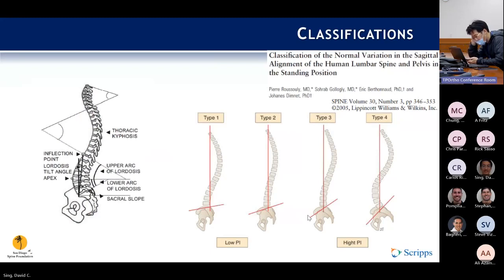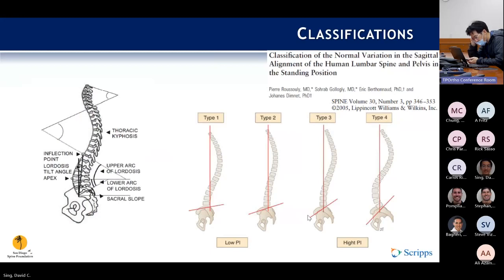So he looked at 160 volunteers with no history of scoliosis or back pain and obtained full-length standing films, and then basically clustered patients into these four types of either low or high pelvic incidence, or initially it was described as sacral slope.